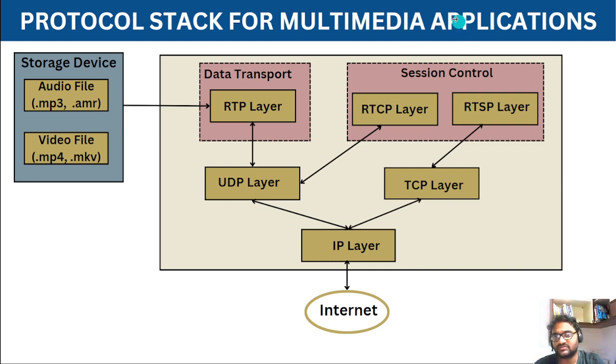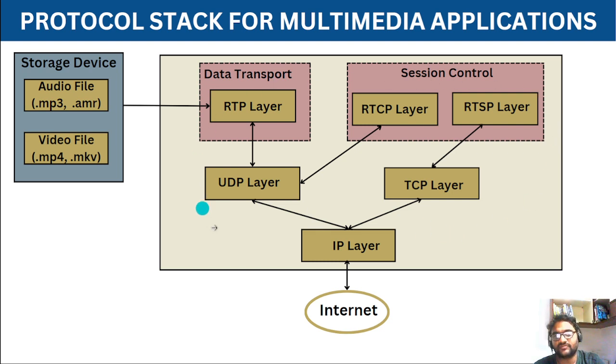So in other words, these two, RTCP and RTSP, are more of control protocols, and the actual data transfer from server to client is happening with the help of the RTP protocol with the help of UDP, and RTSP internally uses the TCP layer.